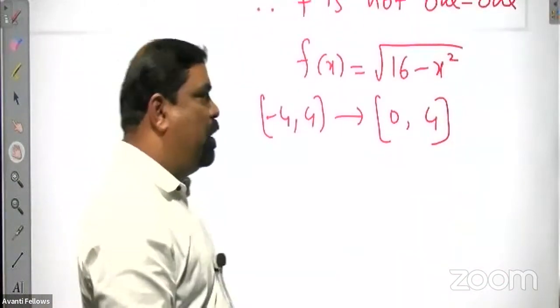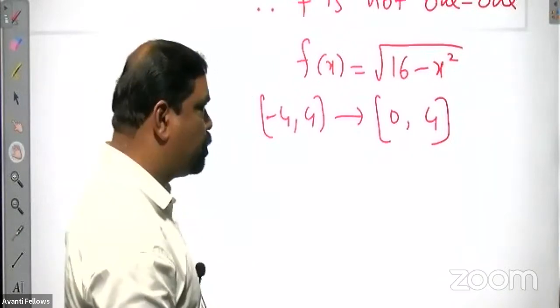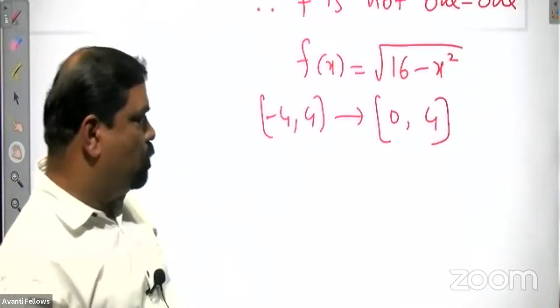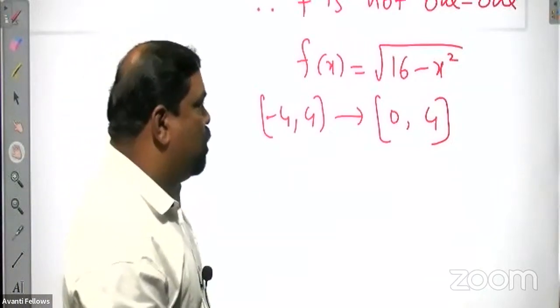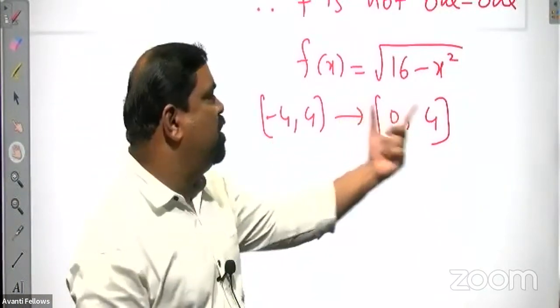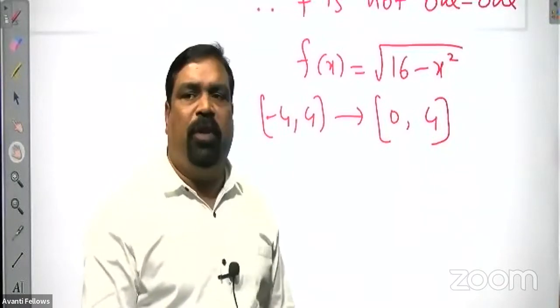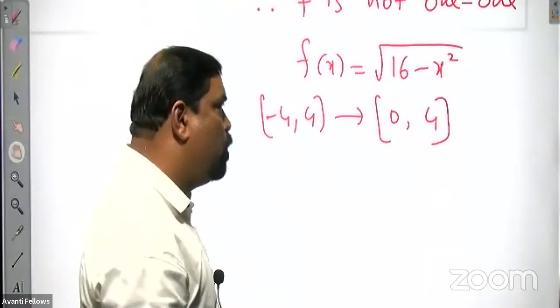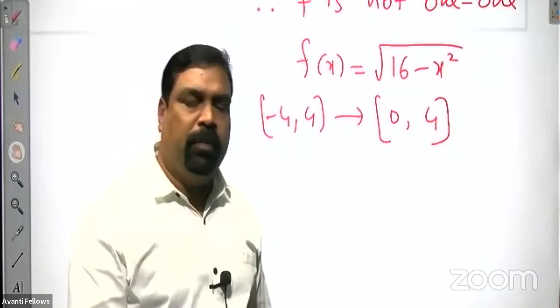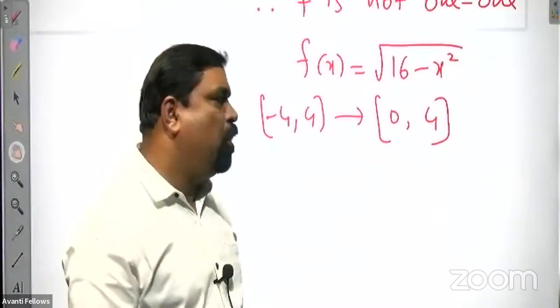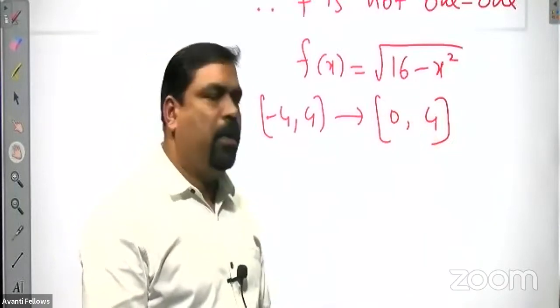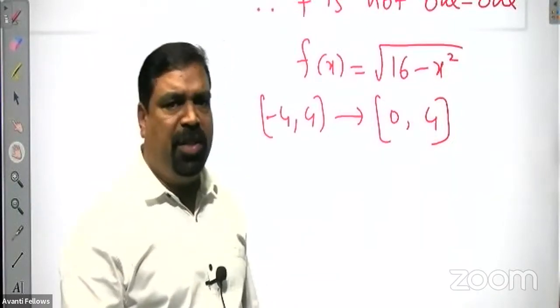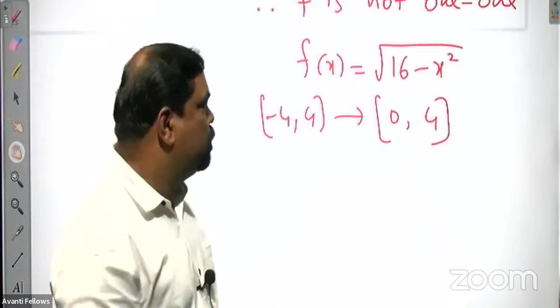The domain is -4 to +4 and the codomain is 0 to 4. Then we have to prove that it is an onto function. So we only have to show that the range is equal to 0 to 4.